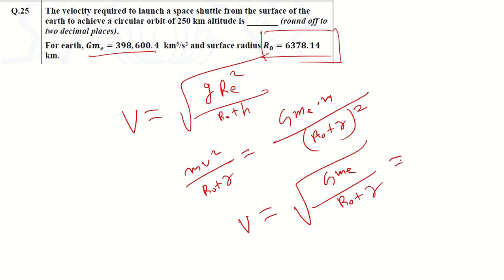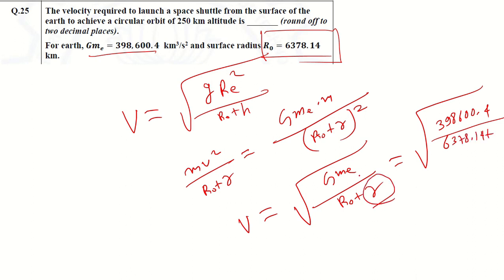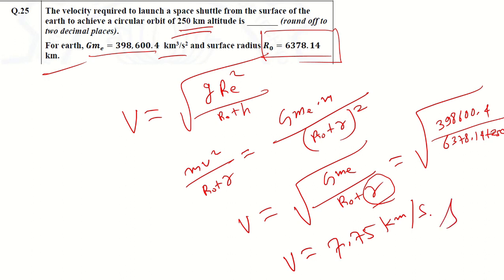Now we have all values: GME is given as 398,600.4, divided by r naught, given as 6378.14, plus r, which is the altitude, 250. Since 250 is in kilometer and the other is also in kilometer, all units are the same, no need to change. So finally v is equal to 7.75 kilometer per second. Okay, this is the answer.